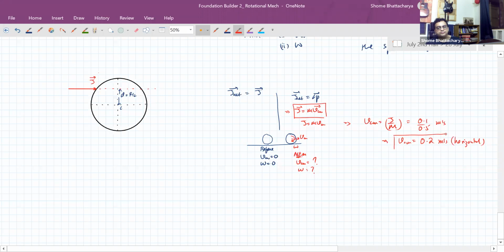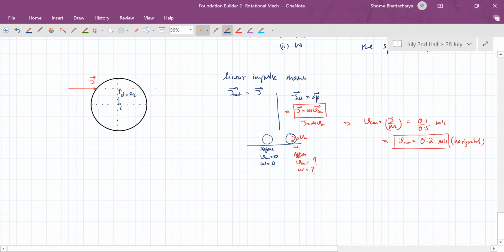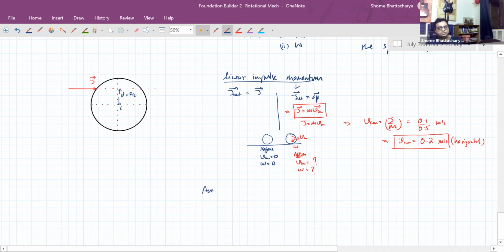Now the second thing, so this is the linear impulse momentum. Now the next is we'll use the angular impulse momentum theorem.